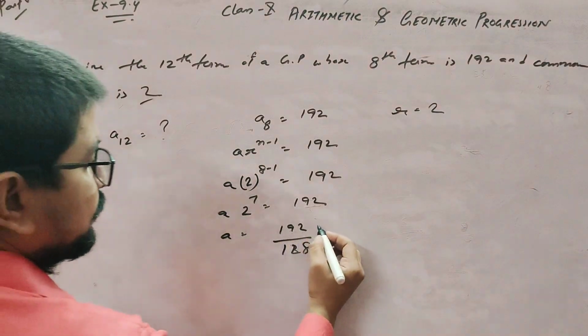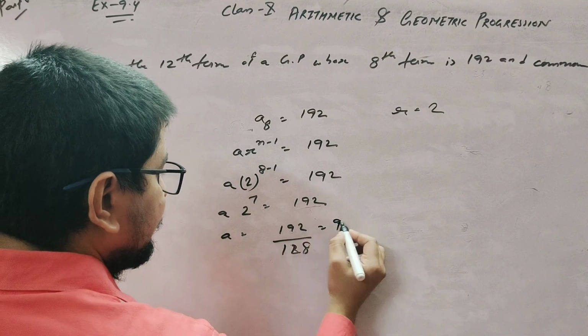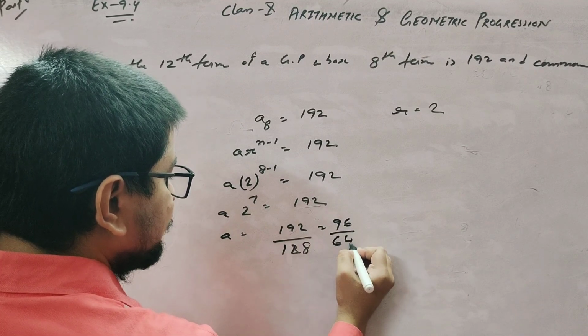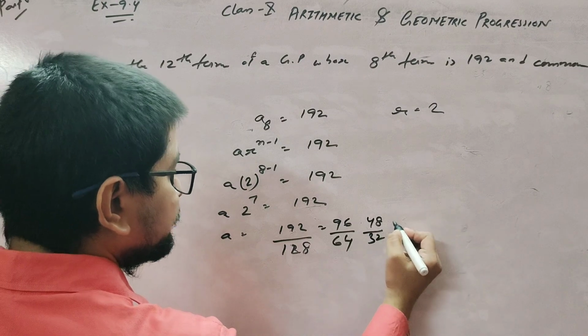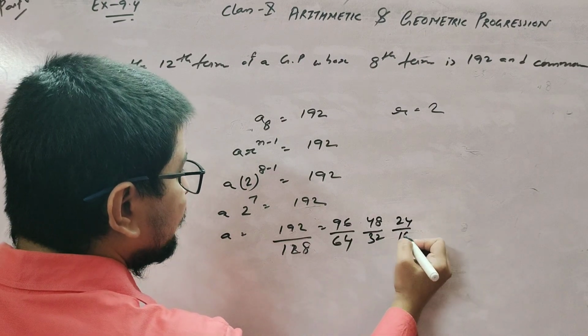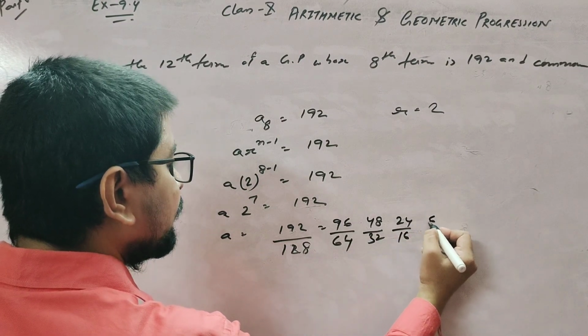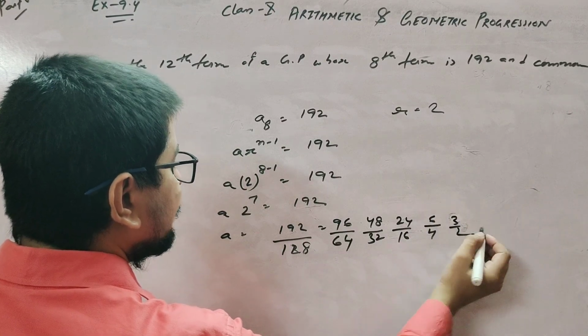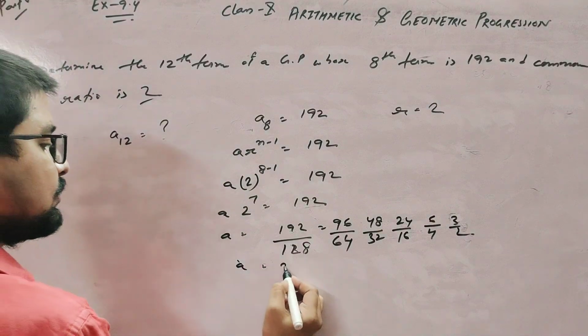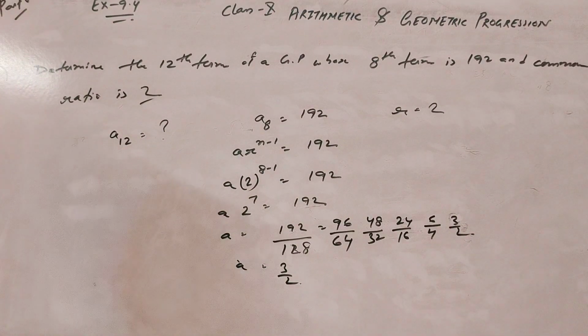Dividing: 2 nines are 18, 96, 64, 48, 32, 24, 16, and so on, that means 3 by 2. A equals 3 by 2.